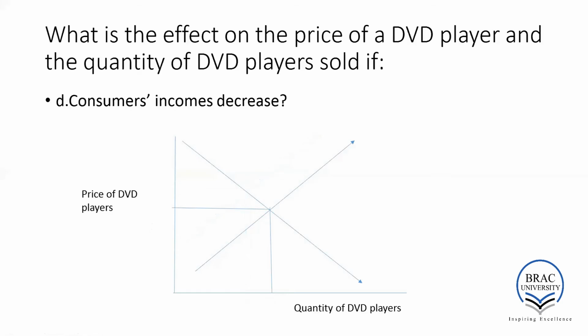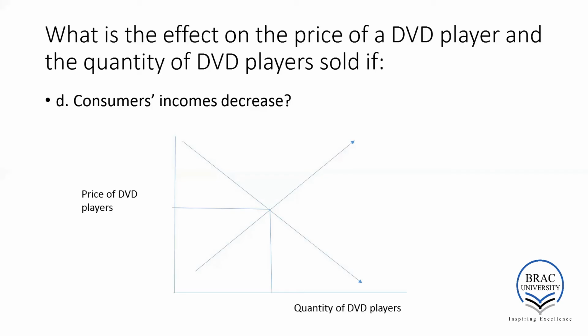Now, what if the consumers' incomes decrease? To know about the income effect on the price or quantity of DVD players, we need to first understand whether DVD players are normal goods or inferior goods. For general people, DVD players are normal goods.